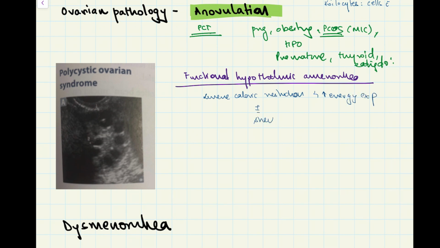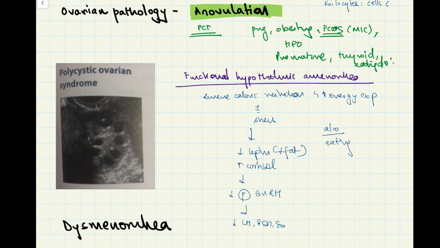So what happens? It leads to decrease in leptin due to decreased fat and increase in cortisol. This leads to decreased pulsatile release of GnRH causing a decrease in LH, FSH and estrogen. Right. So functional hypothalamic amenorrhea is usually associated in patients who have eating disorders like anorexia nervosa and female athletes.